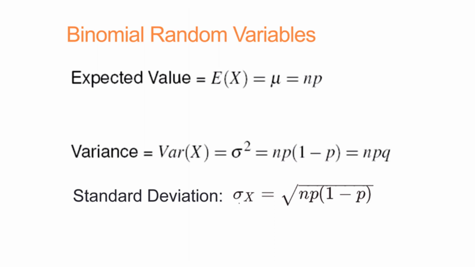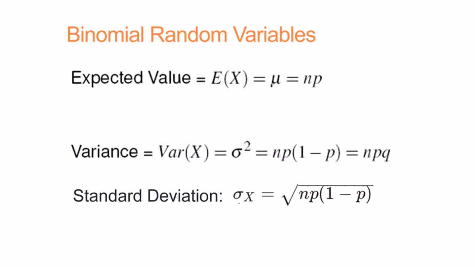We said 8% of 100, or 100 times 0.08, which is n times p, the equation we have here. This does not work with any discrete random variable. It works only for the binomial random variable derived from a binomial experiment.